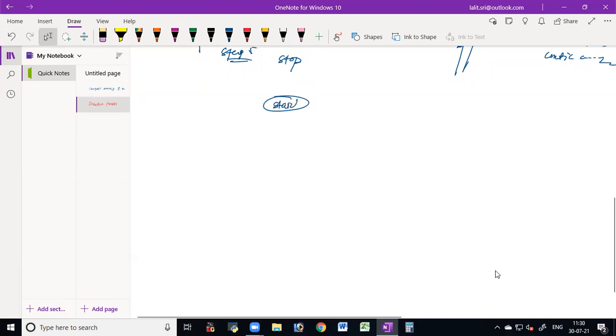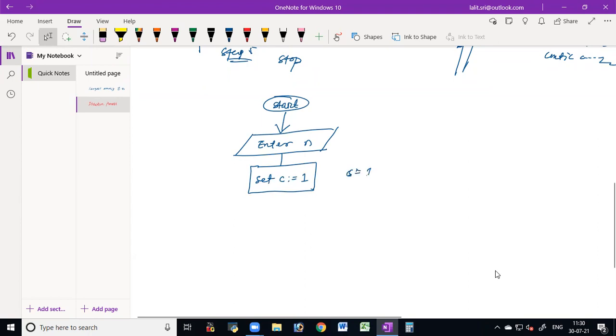Start. Enter n. End. Set c equal to 1, or directly c equal to 1. Same thing, right?